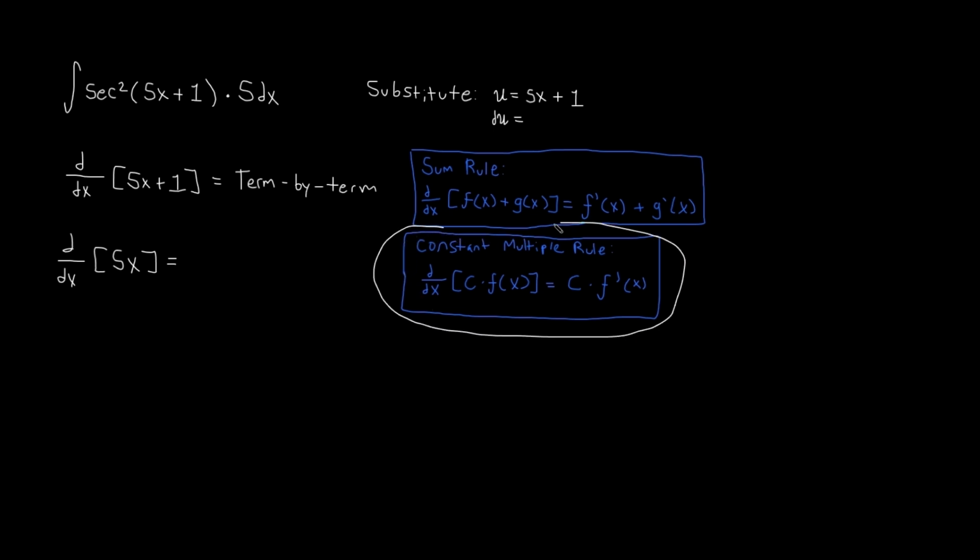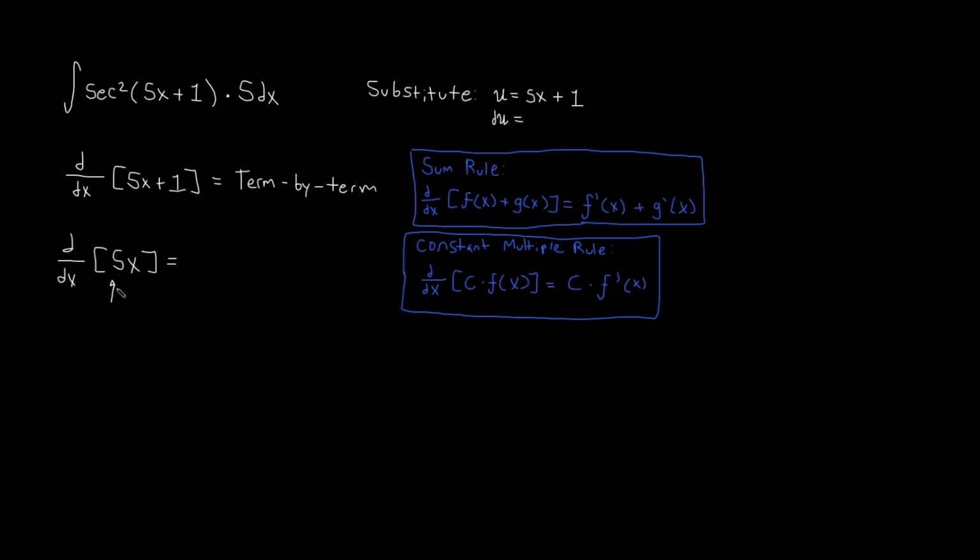Written out here below the sum rule is the constant multiple rule for derivatives. It's saying that if you're taking the derivative of a function that is multiplied by a constant, so a constant multiplied to a function, it's going to equal that same constant multiplied to the derivative of that function. So with 5x, we have 5 multiplied to x.